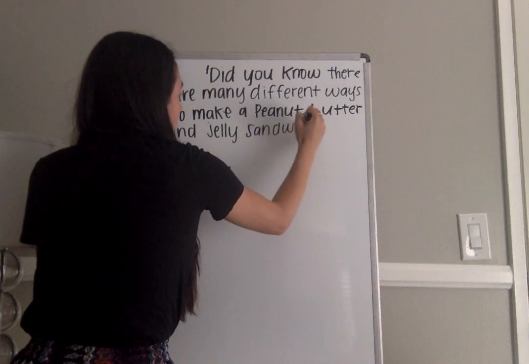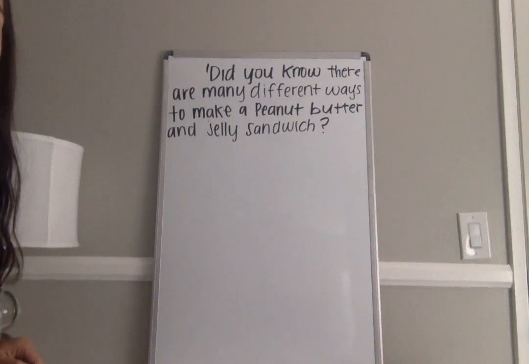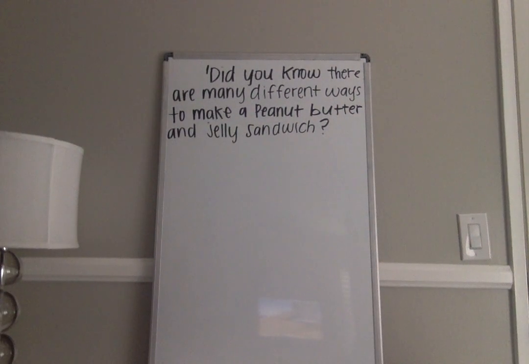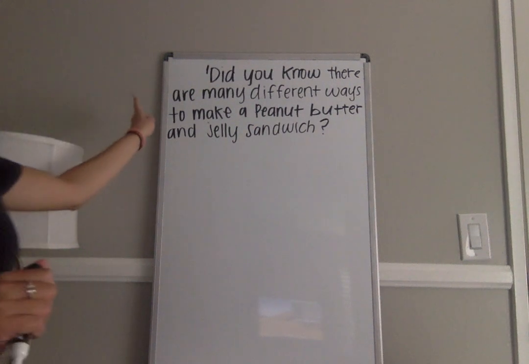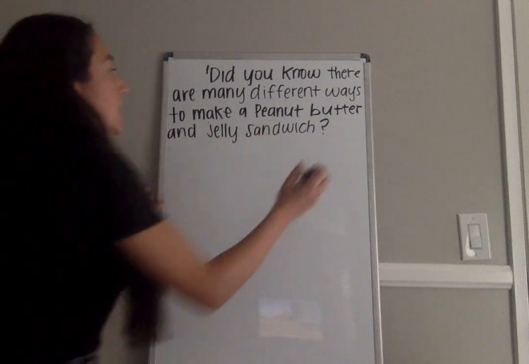And then, because this is a question, we always need to remember to put our question mark so that our reader knows that we are asking them a question. So, did you know there are many different ways to make a peanut butter and jelly sandwich?